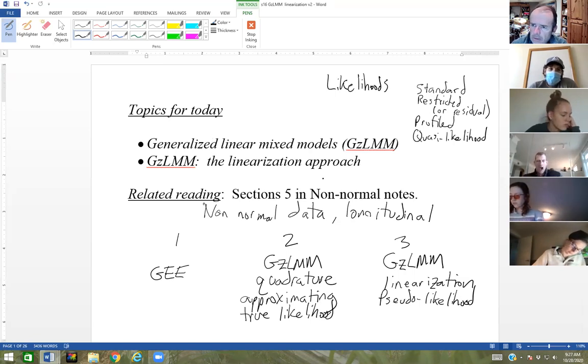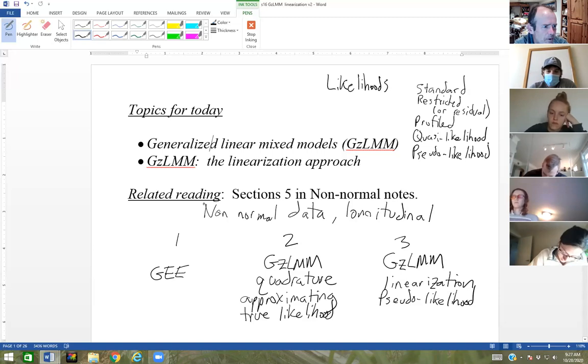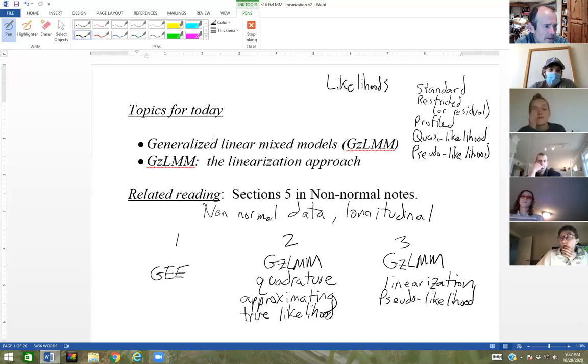And then what we're going to learn about today is pseudo-likelihood. So what does pseudo mean? It means sort of, right? What does quasi mean? It means sort of. So we're using all this terminology that's kind of vague, and it becomes really complicated when you start reading the literature, because different people will say different things.